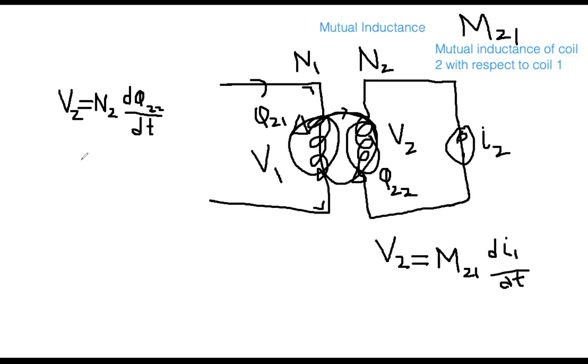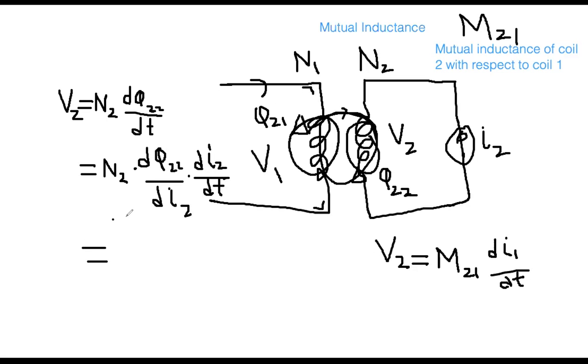And then again, accordingly, N2 d phi 22, why is it coming di2? Because of the application of this current. And then di2 by dt. Then the meaning is the same as this one, so this will be cancelled.